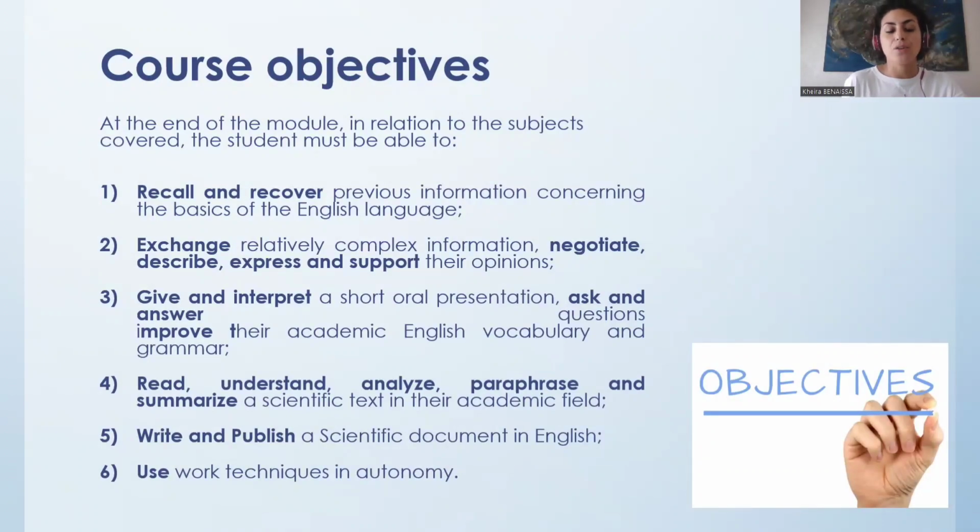Four, to read, understand, analyze, paraphrase, and summarize a scientific text in their academic field. Number five, write and publish a scientific document in English in the very near future. And finally, to use work techniques in autonomy, so to be capable to use techniques and scientific English in your own work.